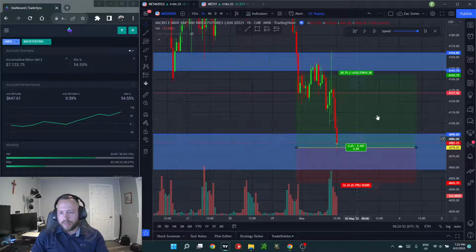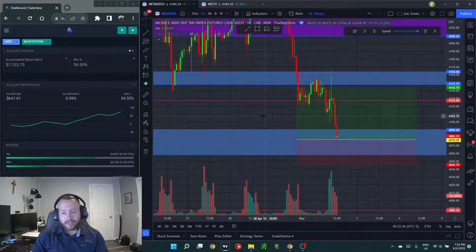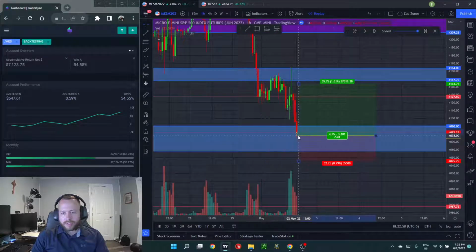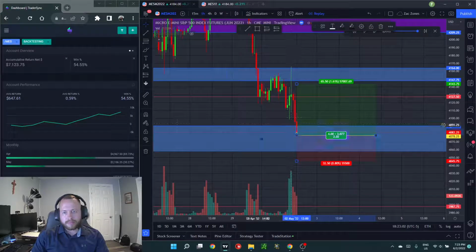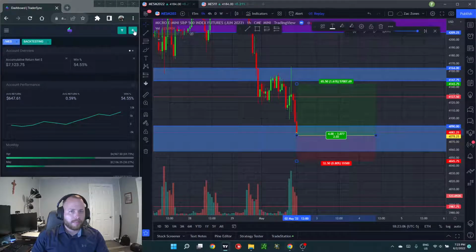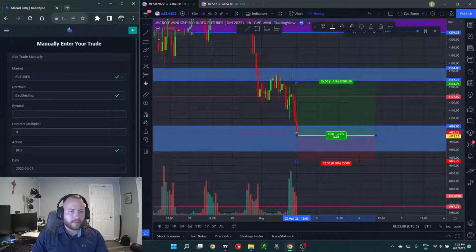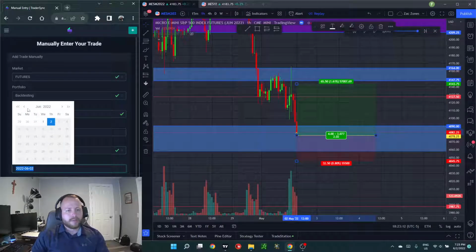Our type 1. I'm just sticking with that because it actually got filled. So our type 1 got filled at 2nd of May at, I'm going to call that 1 o'clock, just for my record keeping purposes.